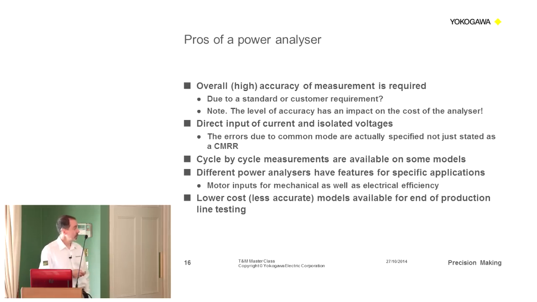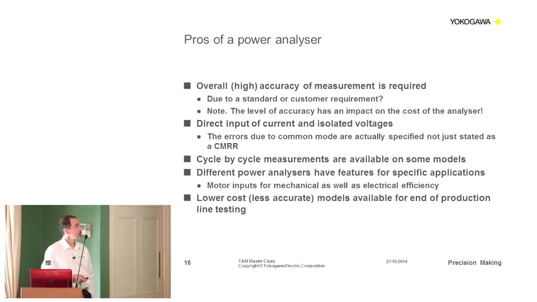The other issue to do with this is common mode errors. On an oscilloscope type product, your common mode rejection ratio is normally specified in minus so many dBs. For a power meter, that's not sufficient because you never know what that actually means in practice. So in the specification for a power meter, you'll see what the effect of common mode on the measurement error will be, and that is stated within our specifications.